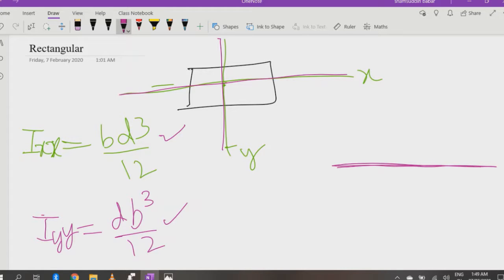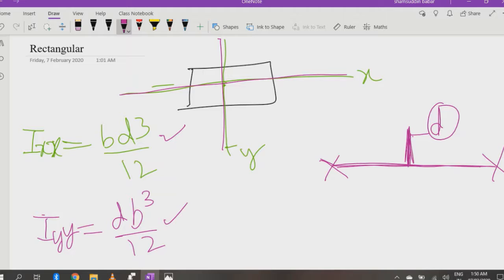To calculate the distance from the x-axis, we knew that the distance is calculated in this dimension, and this dimension is vertical, which is d. So whenever we are dealing with the x-axis, the depth is always in action. So for the x-axis it is b d cube upon 12. D is in action, so d will be more than b.